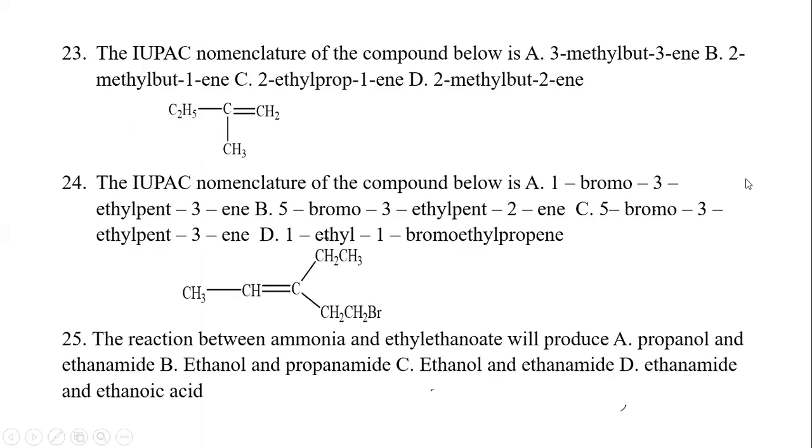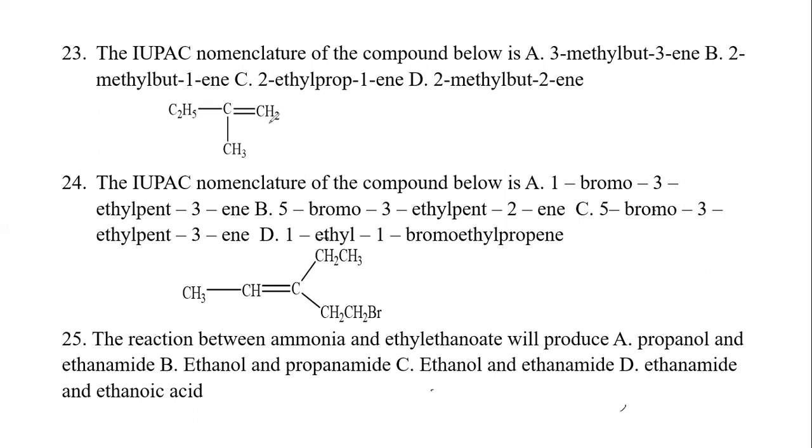Question number 23 says that the IUPAC nomenclature of the compound below is what? Now, when you look at this compound, you see the double bond functional group. So your carbon counting must involve this one. You are counting 1, 2, 3, 4.